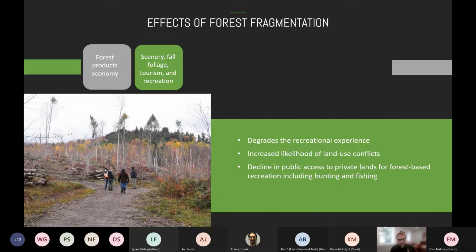Recreationists and hunters, or recreation and logging, whatever it might be, we increase that likelihood of conflict. And then there's this decline in public access to these lands for forest-based recreation. That certainly includes hunting and fishing, but mountain biking and everything else as well.